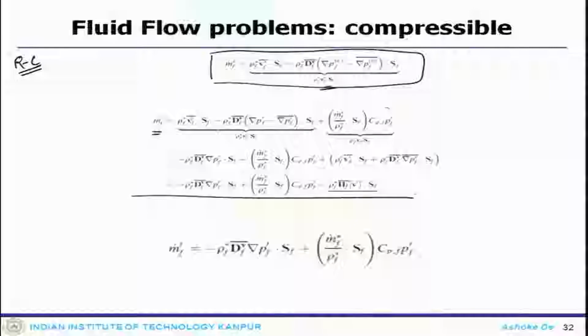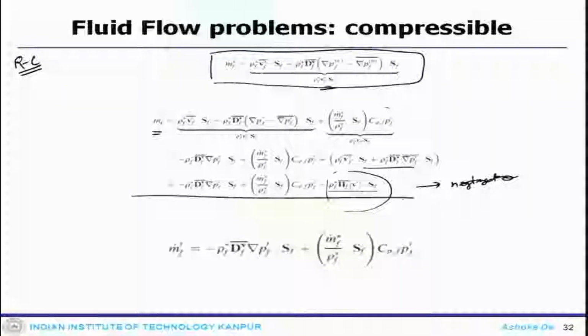Again, the second order term shown here, the underlined term, is neglected in the iterative process. The other underlined term presents some difficulties, as was the case in the incompressible algorithm.